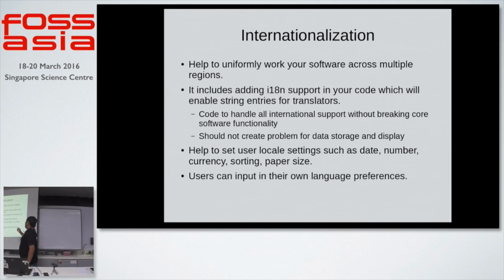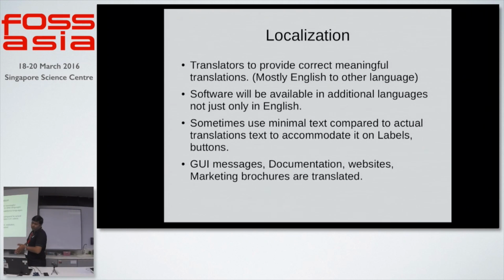Users can input in their own language preferences as well. Talking about localization, it is for the translators to translate these strings into their own native language. That means they need to provide correct, meaningful translations. What does correct, meaningful translation mean here? Sometimes a translator can translate into a bigger sentence, so they need to adjust it so that the display will not get affected.